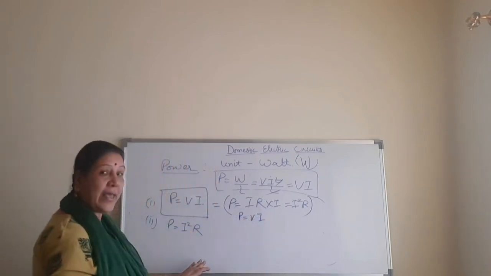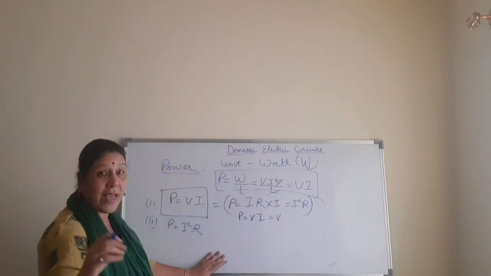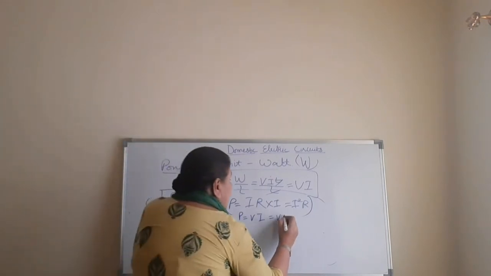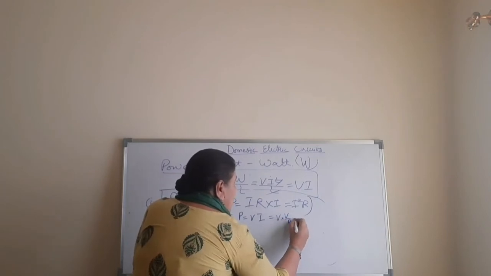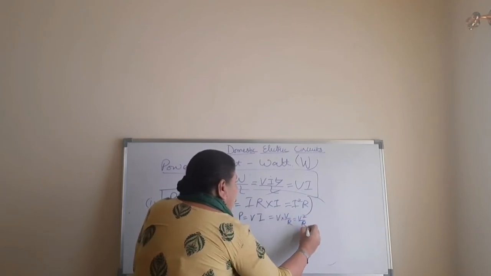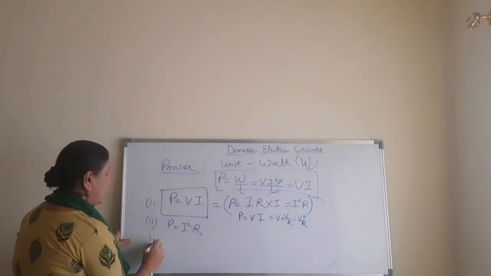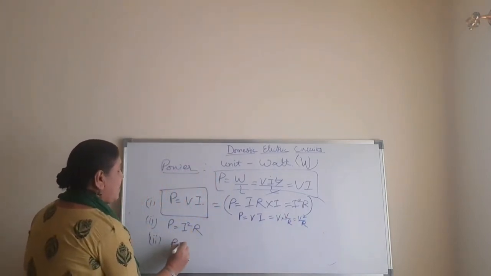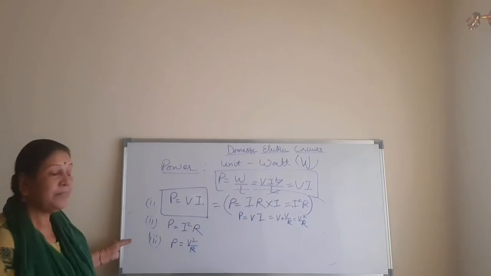Instead of I, I can write I is equal to V by R. So it is V square by R. So I can also write a third formula for P, that P is equal to V square by R. Correct?